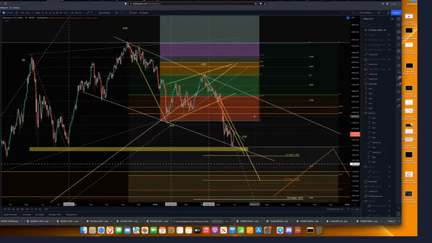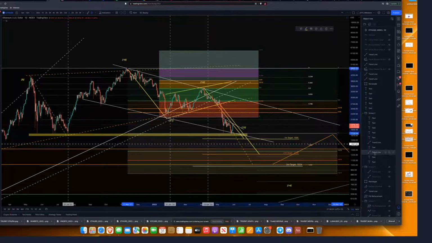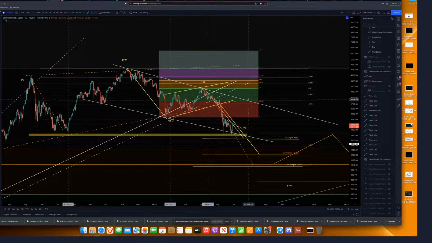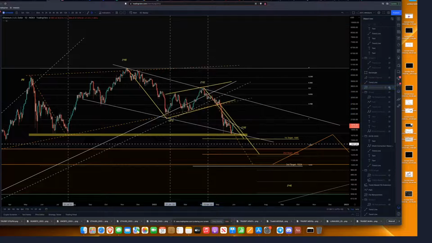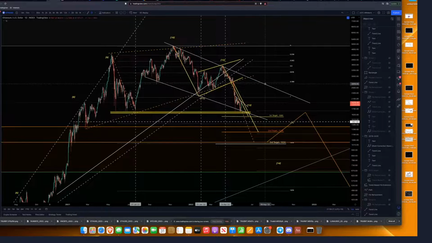So you can see, I want to show you this one here. If I can just hide a few things. I'll leave it there for a sec. This is a continuation pattern. So if I hide this for a sec.